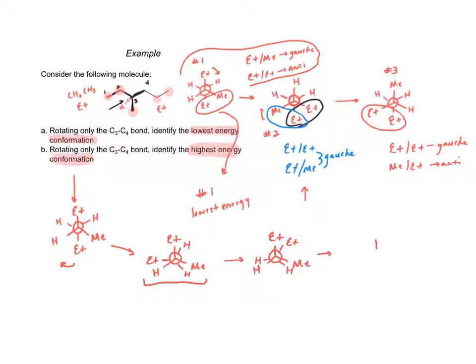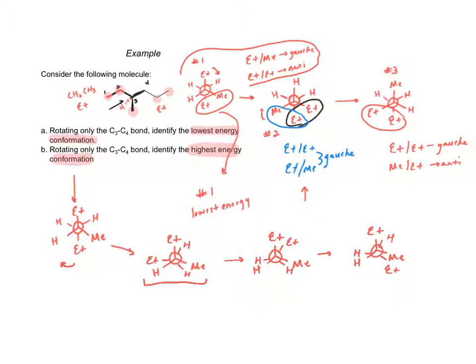And then one more time to get ethyl, methyl, hydrogen, to get hydrogen, ethyl, and hydrogen. So all I'm doing is holding that front carbon steady and rotating the back carbon 360 degrees, finding the various eclipsing conformations.